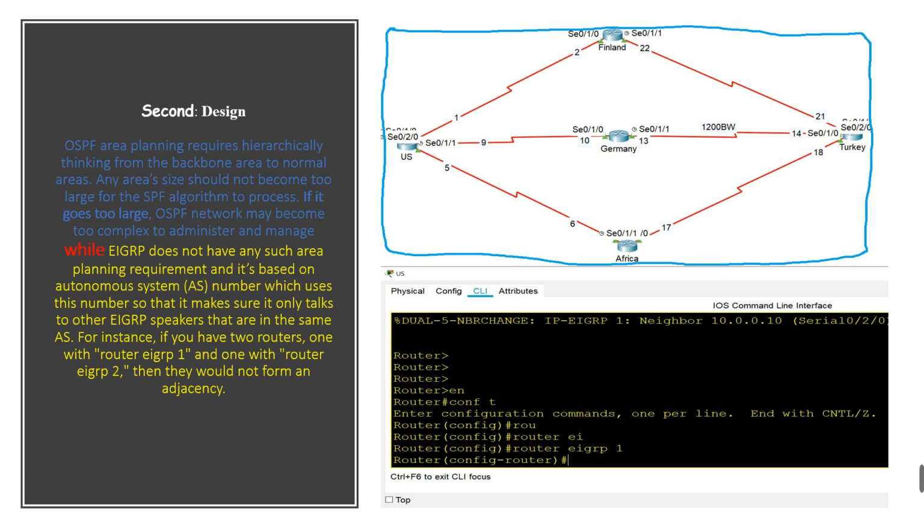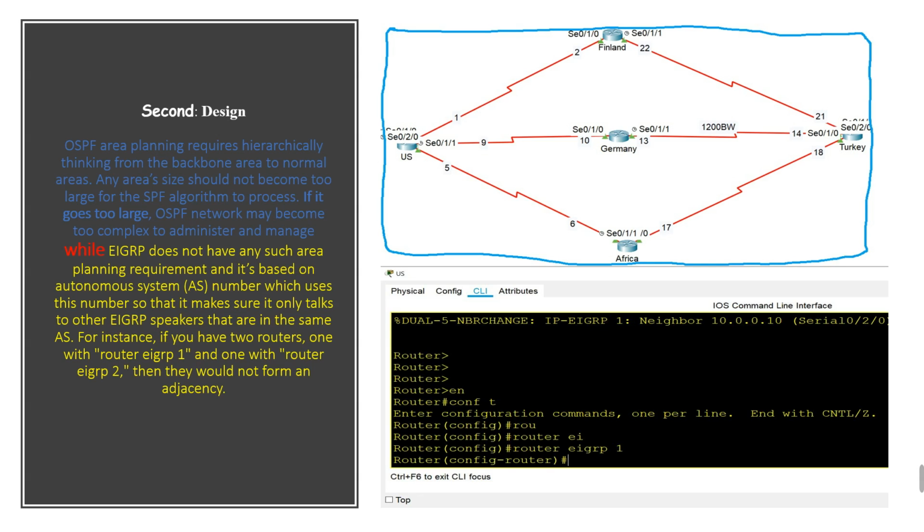This design goes from the backbone area to the normal areas. Any area's size should not become very large, and if that happens, the OSPF network may become very complex to administer and manage, and it would also be hard for the SPF algorithm to process.